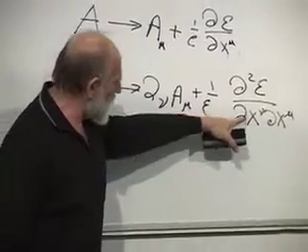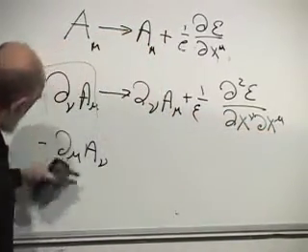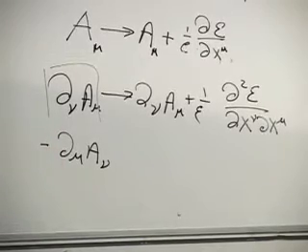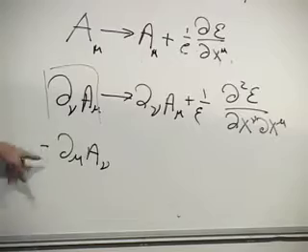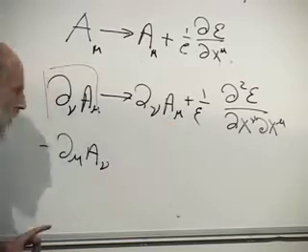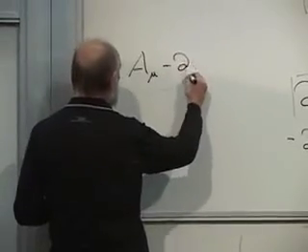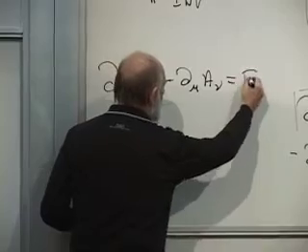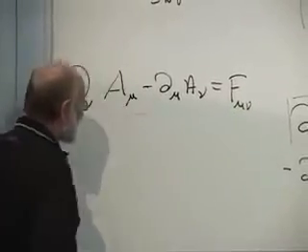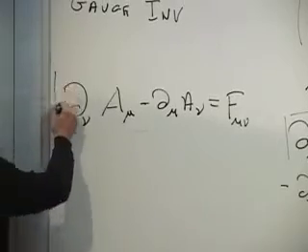Why? Because this term is symmetric when I interchange mu and nu. And so when I subtract the same object with the opposite ordering of mu and nu, this term will cancel. And the result is that this object, d_nu A_mu minus d_mu A_nu, which is called F_mu nu, is gauge invariant. It will not change when you do a gauge transformation.